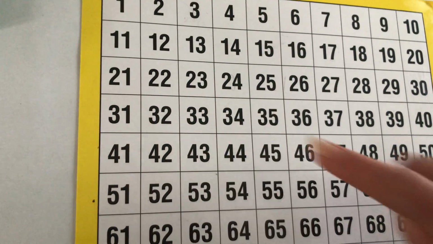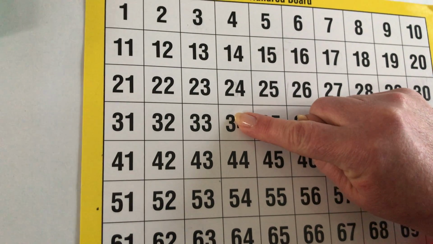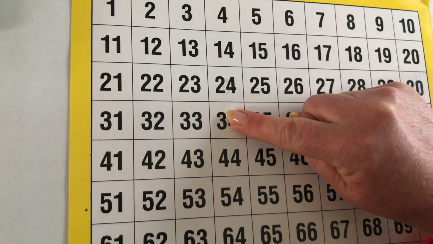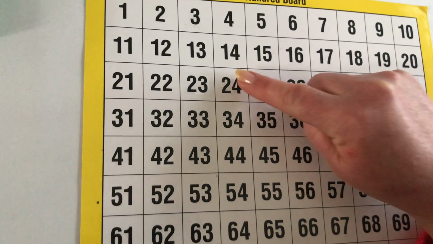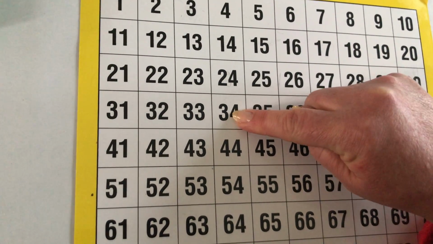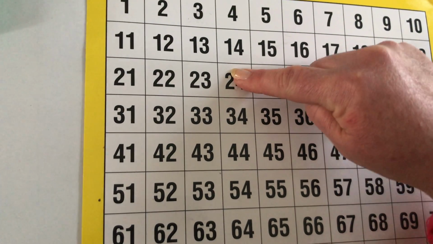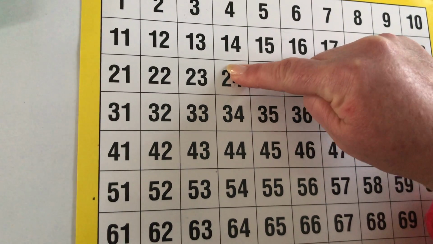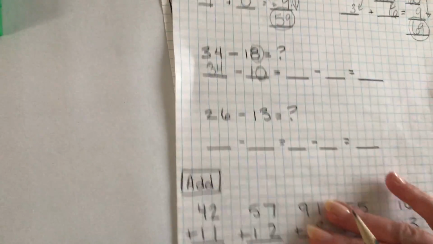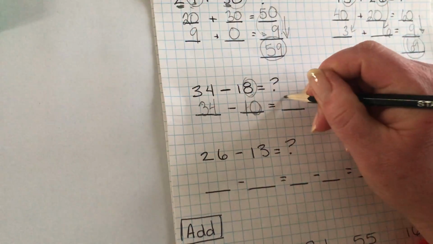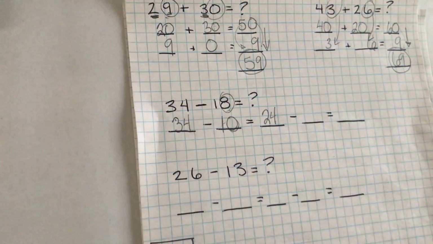Now we know that if we're taking away, the number has to be less. So we're going to move up on our 100 chart. So 34 minus 10, we're going to get the answer 24. That's pretty easy to do in our heads. We could do 34 minus 10 and get 24 in our heads.